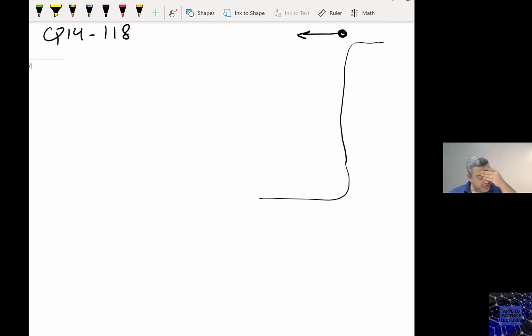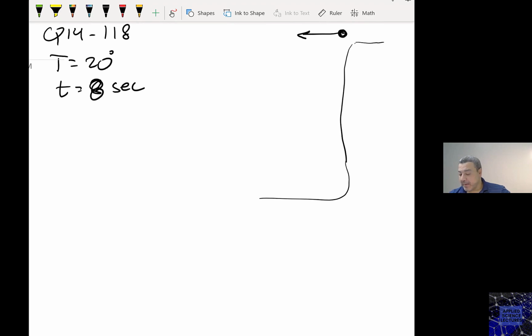The air temperature is 20, so T is 20 degrees. The time is 8 seconds. How high is that drop?